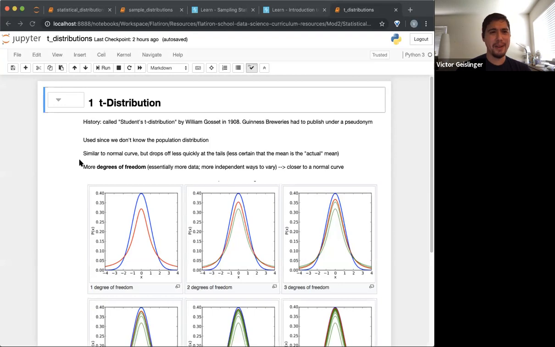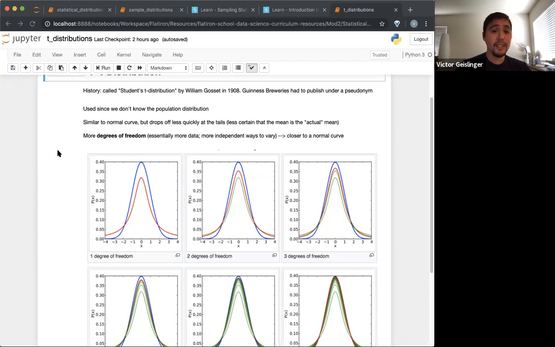Basically, he was trying to figure out how to make better beer, which is kind of cool. But Guinness said you can't publish under your name about something while you're working for us. So he put it under the pseudonym Student. So sometimes you'll see Student's t-distribution, but really it was developed by William Gosset. It's an interesting thing that comes through history.